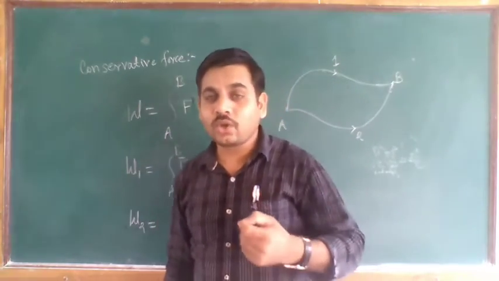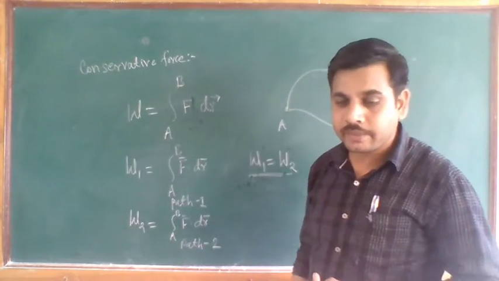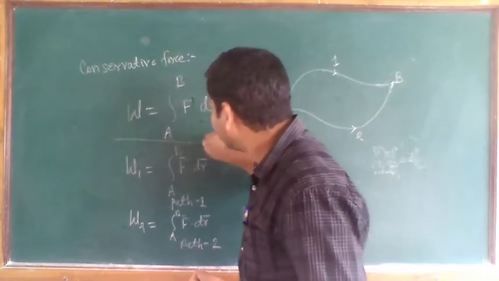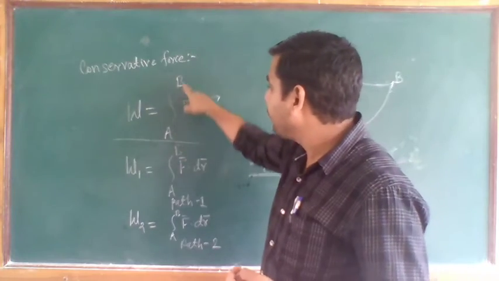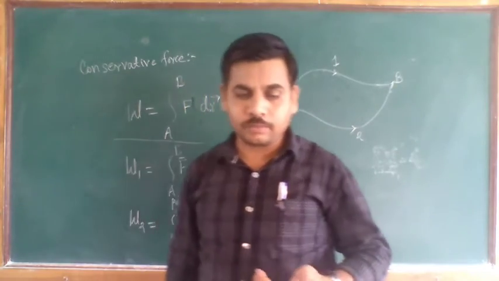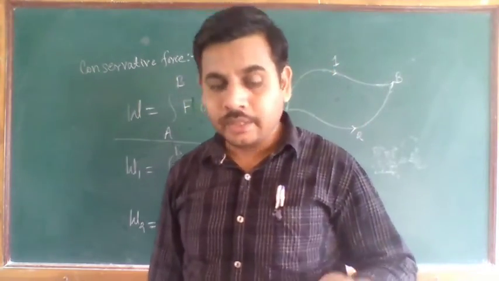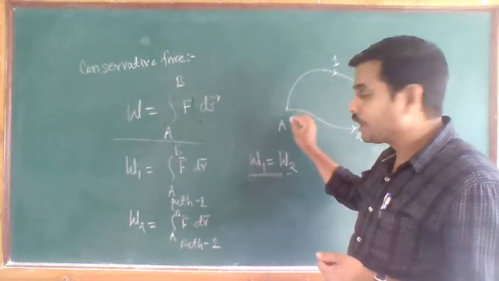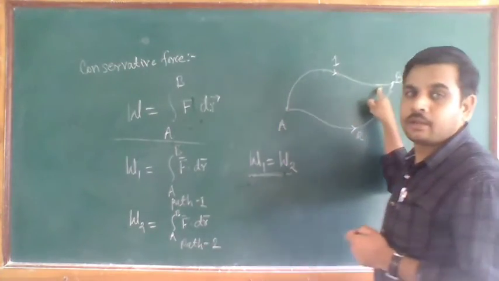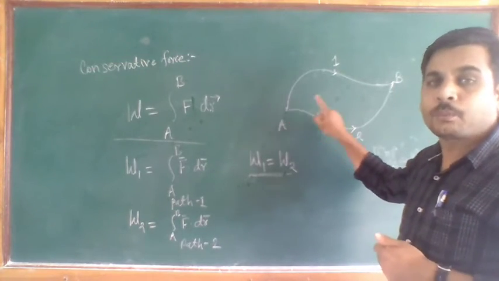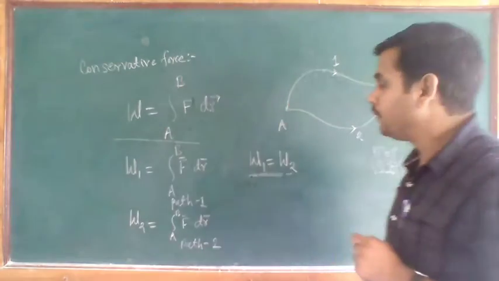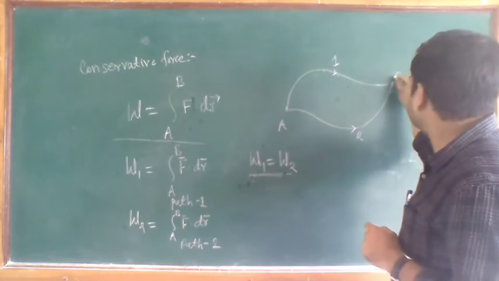The force is called conservative if the work done, W equal to integration from A to B of F dot dr, by the particle moved from one point to another point depends only on the positions.